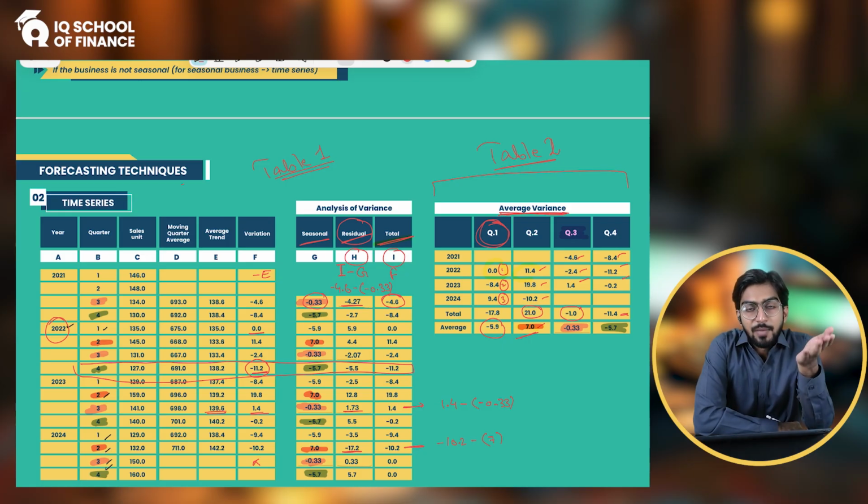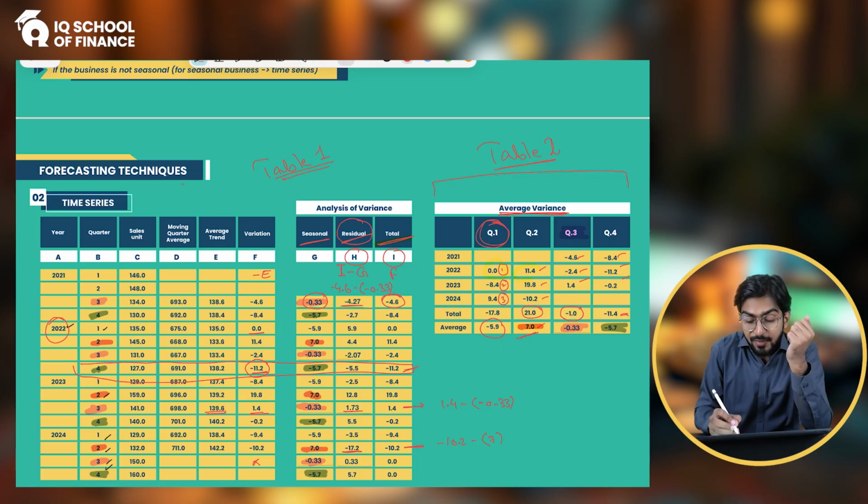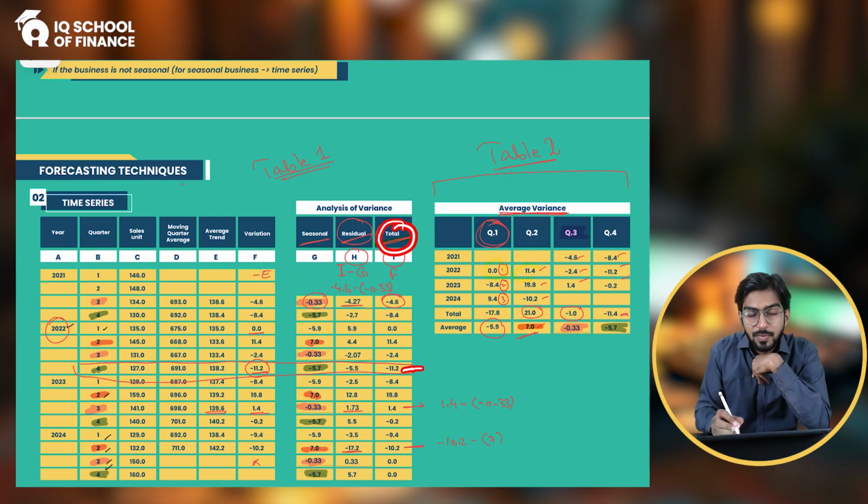As a business leader I will ask my management why there is a variance of negative 11.2. They will tell me, sir, the total variation is minus 11.2, but the variation due to the season is out of our hands.